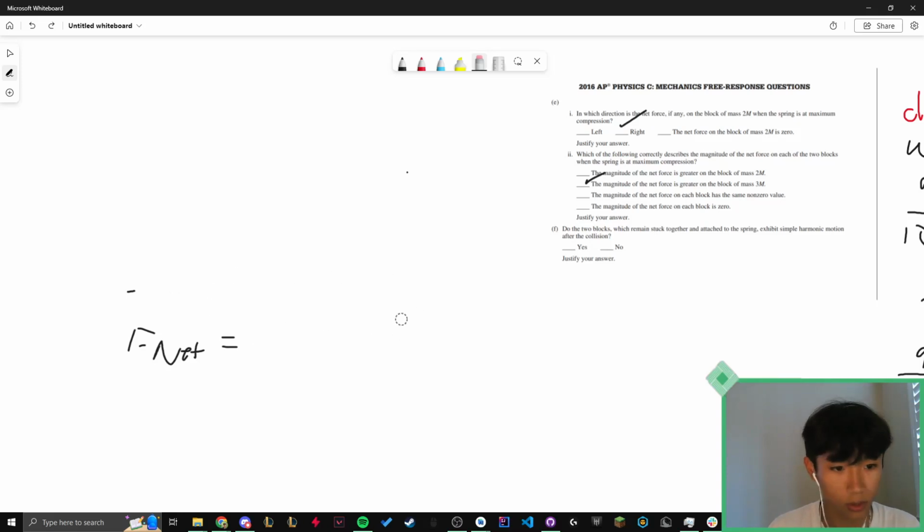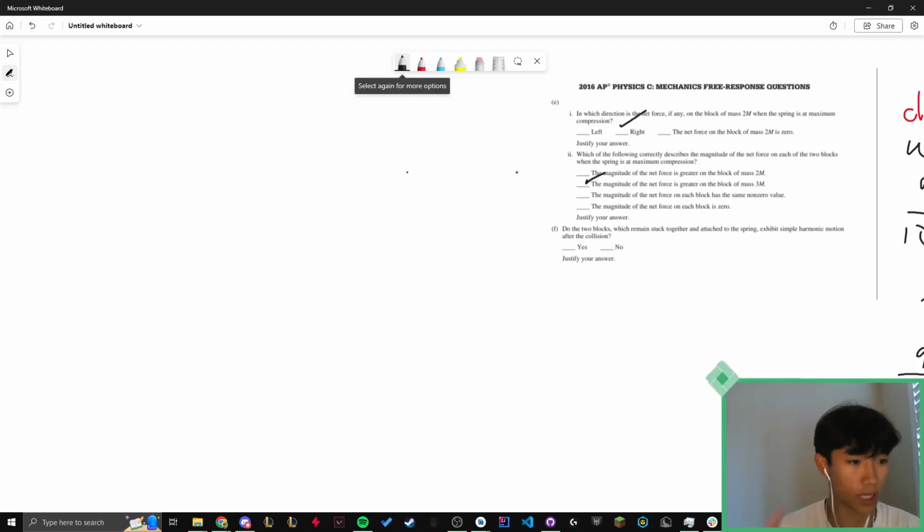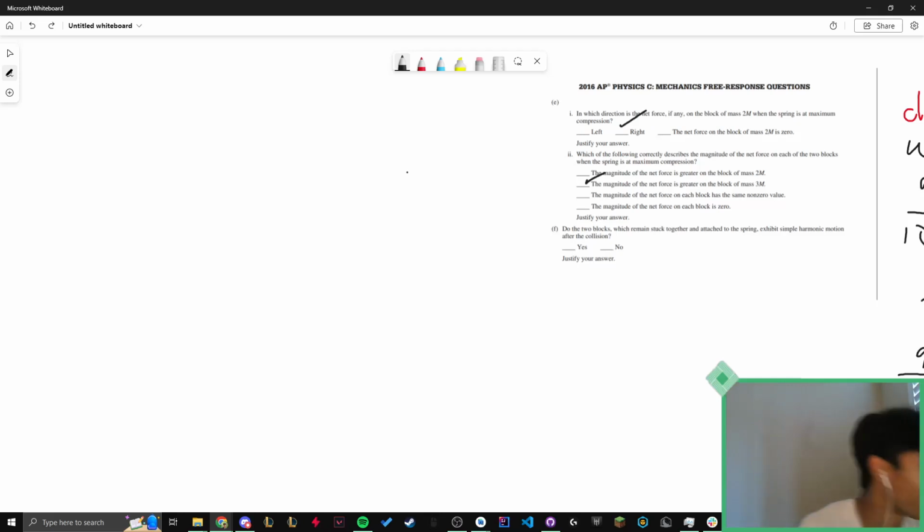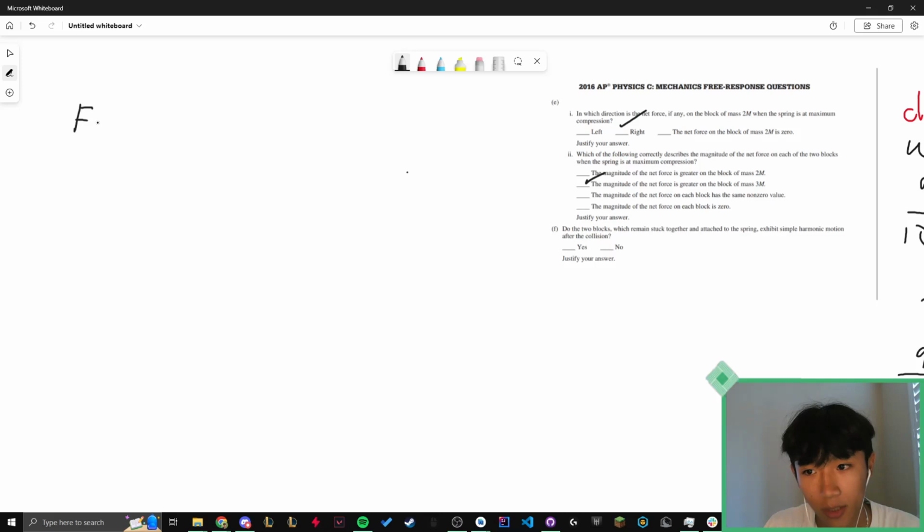And do the two blocks exhibit simple harmonic motion? Okay, so to exhibit simple harmonic motion, the force has to be equal to negative kx, something like this. It has to be a linear equation.